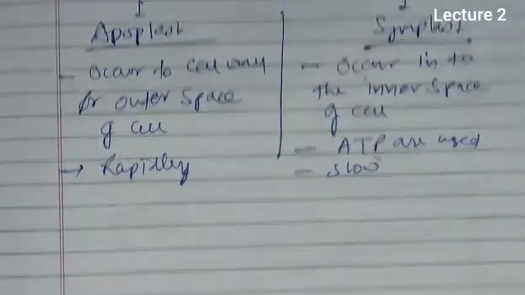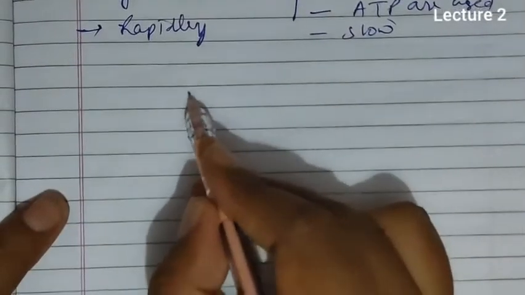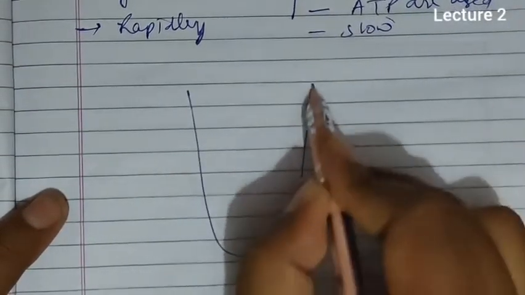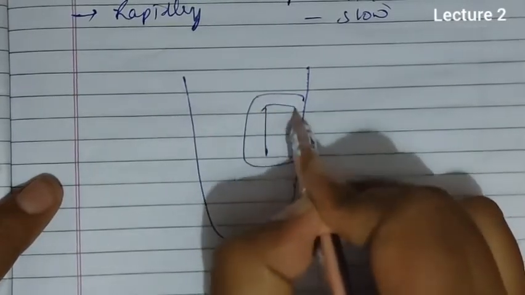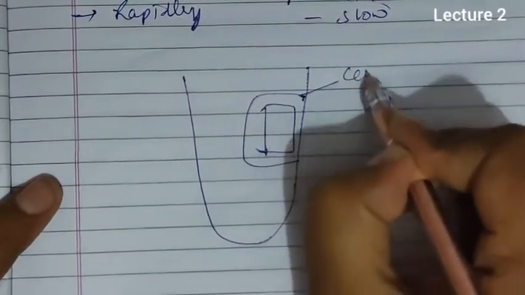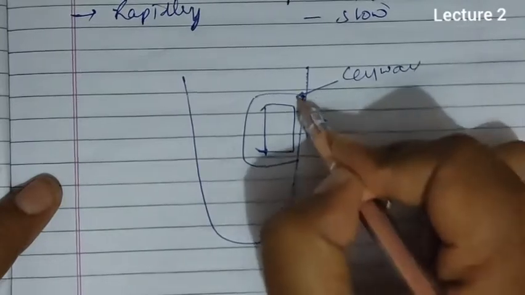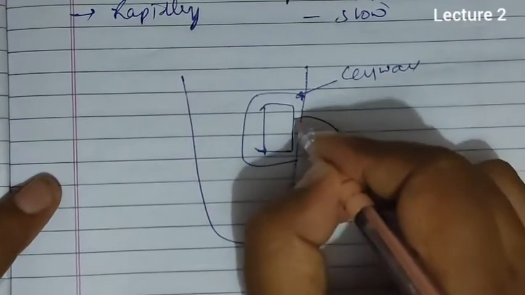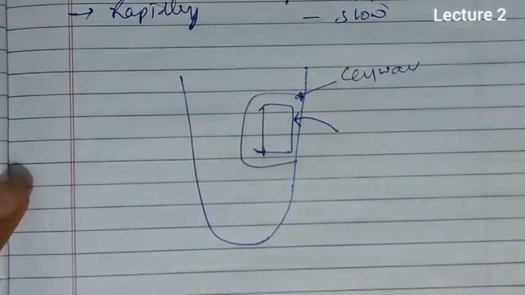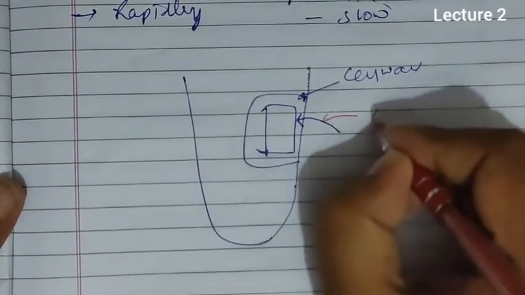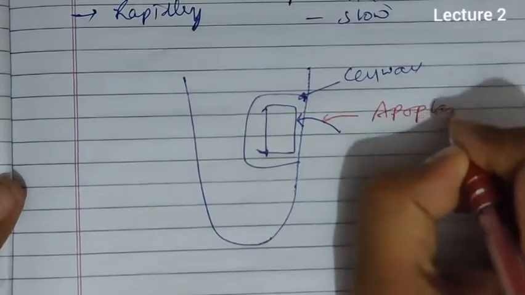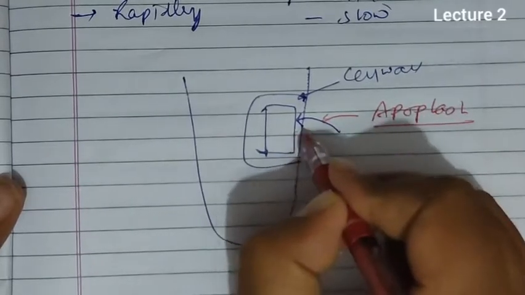And if you want to understand, we can understand by diagram. Suppose this is a root, and this is the cell of a root, and this is the cell wall. Then first the minerals are absorbed rapidly up to this region, okay, and that is outer space, and that occur through apoplast rapidly, and that is through the ionic channel.